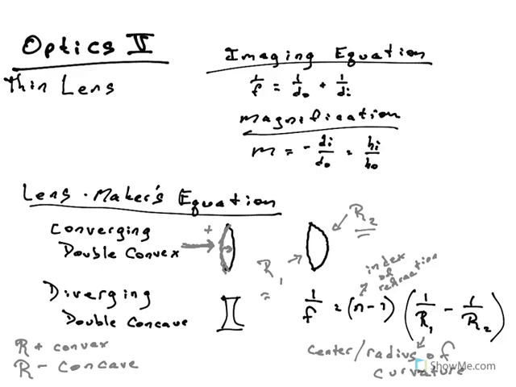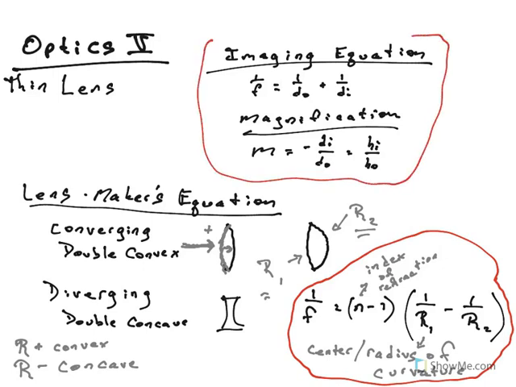For a double convex lens, it hits a convex surface first, so R1 is positive. Then it continues through and hits this concave surface, so R2 must be negative. Once you know these conventions, that's your little equation there. If you need to calculate the focal length of a lens, that's what you would use.